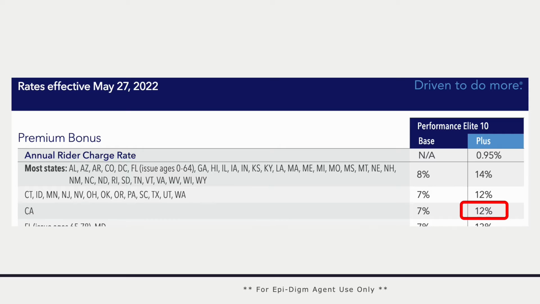That will eliminate some of the surrender charges and give you a little head start, right? 12% bonus when you pay 0.95%. And when you don't want to pay the 0.95% fee, you get a 7% bonus. So this is a bonus product, but even with a bonus, their rate of return is impressive as well.